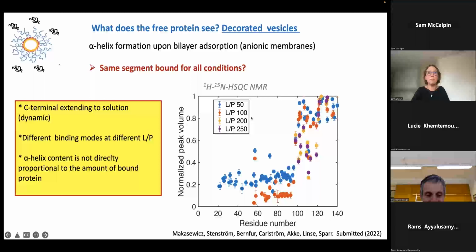But when you come to a situation where you are below the saturation point, so there is limited access to membrane, there is less membrane than what the protein would like to have if all of it were bound, then you start to see binding modes where you see signal here.